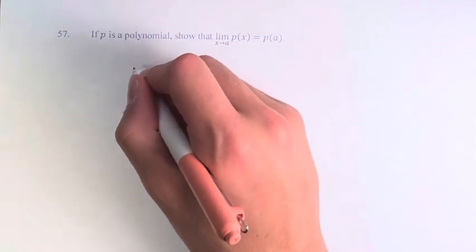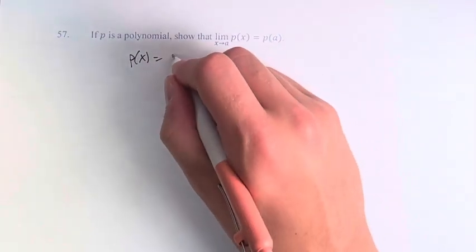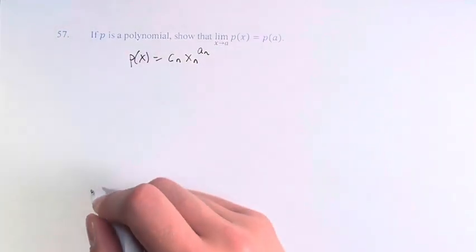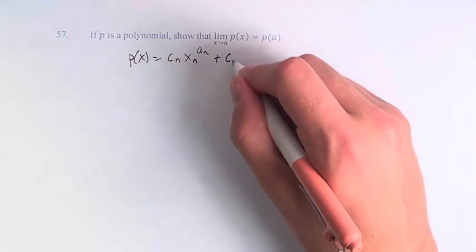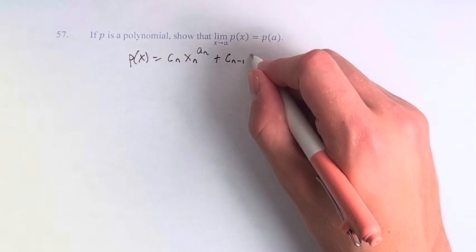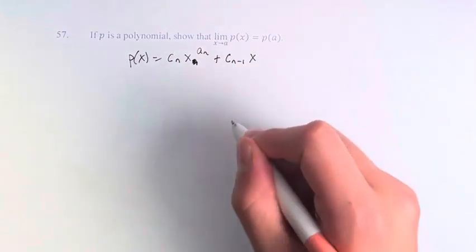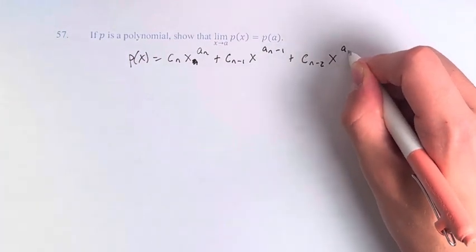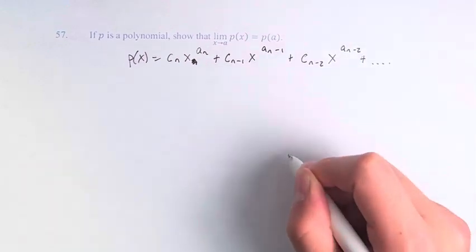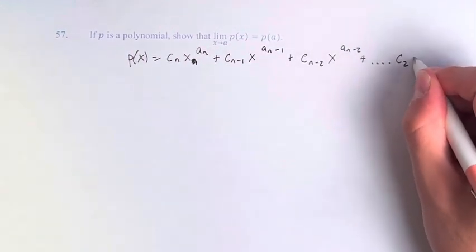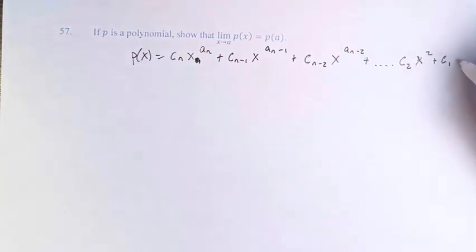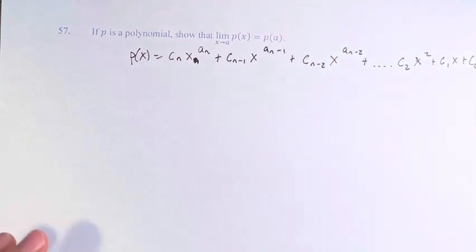So we have some polynomial p of x, and that is going to be of the form c_n x to the a_n plus c_(n-1) x to the a_(n-1), c_(n-2) x to the a_(n-2), all the way down to c_2 x squared plus c_1 x plus c_0.